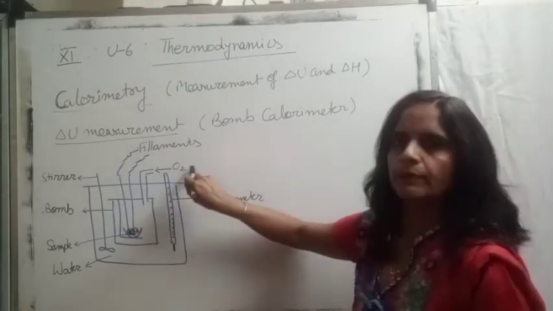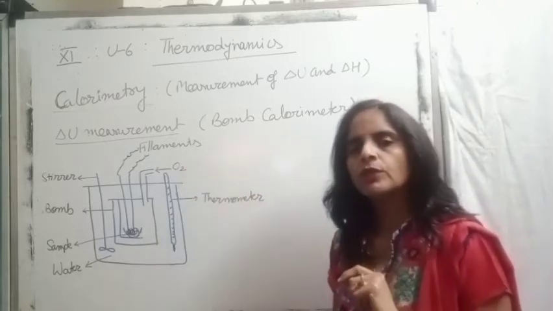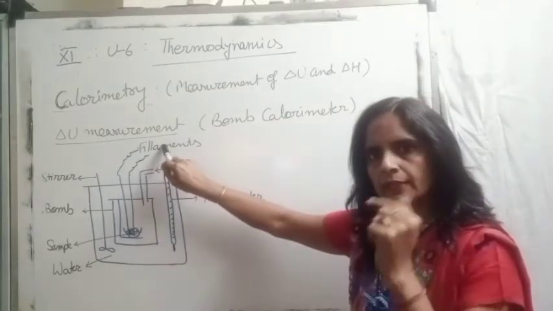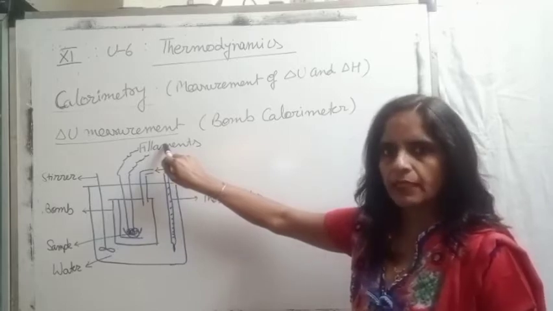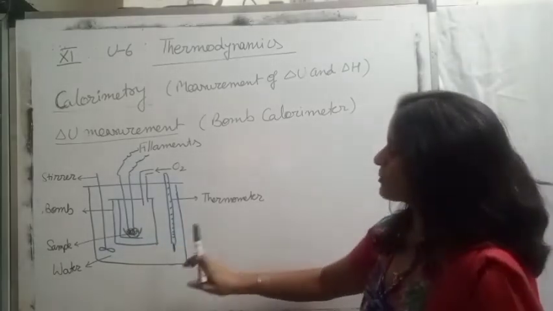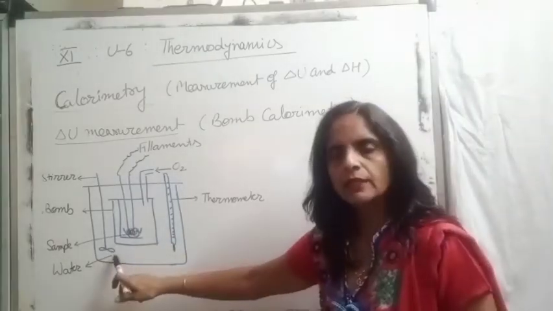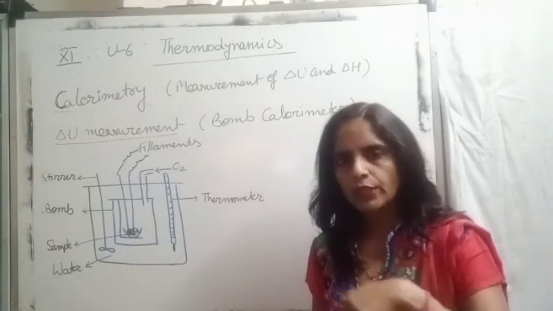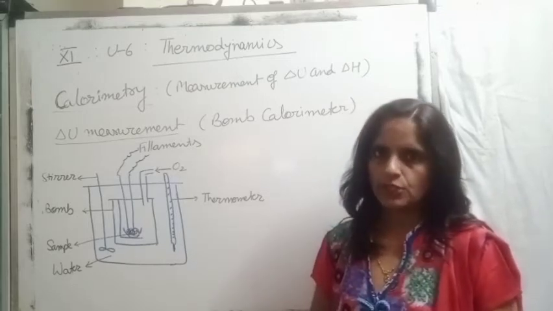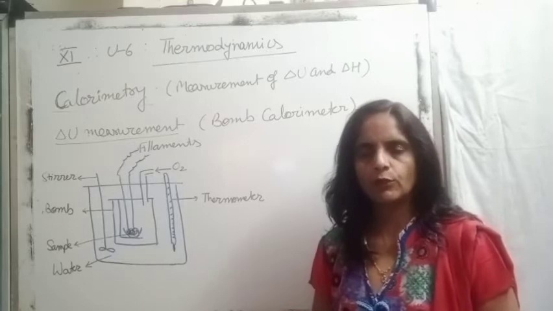There is an opening to supply oxygen so that complete combustion takes place, because we all know oxygen gas is required for the combustion process. There are filaments to supply an electric spark for combustion of the material, and in the outer vessel filled with water there are two arrangements: one thermometer for measuring temperature and the second a stirrer. During the process we continuously keep stirring the water for uniform rising of temperature. Understood, children? This was the construction of the bomb calorimeter.